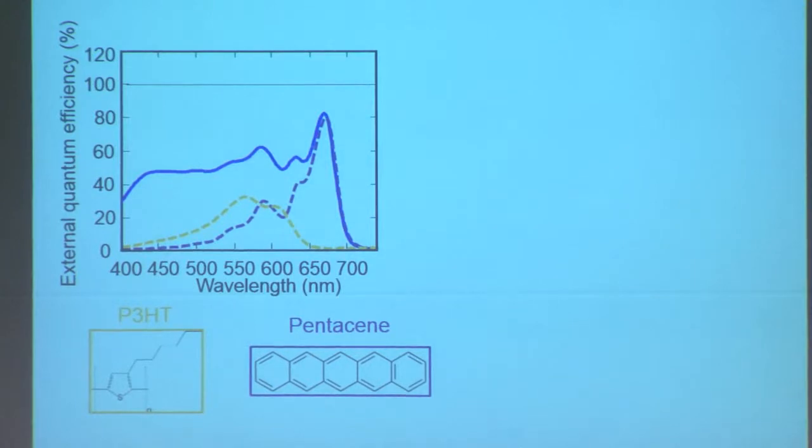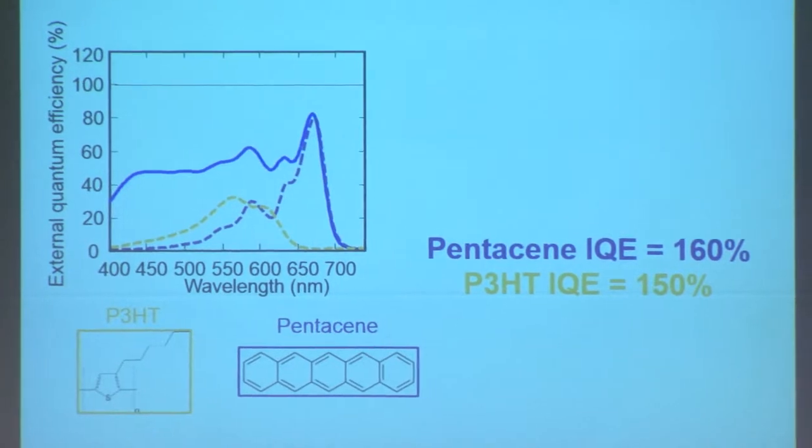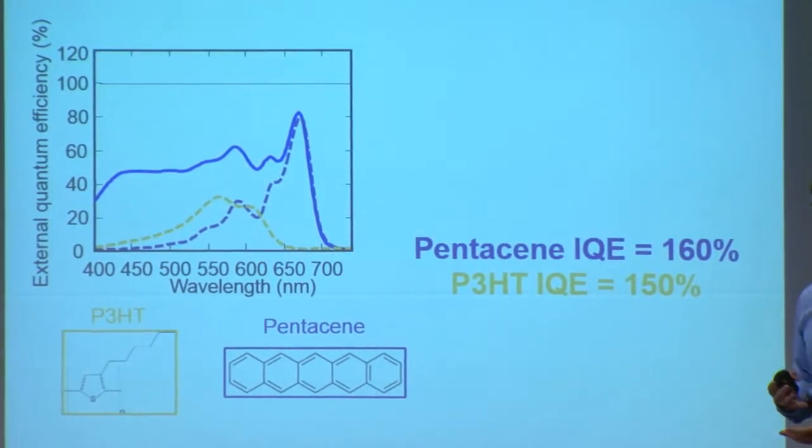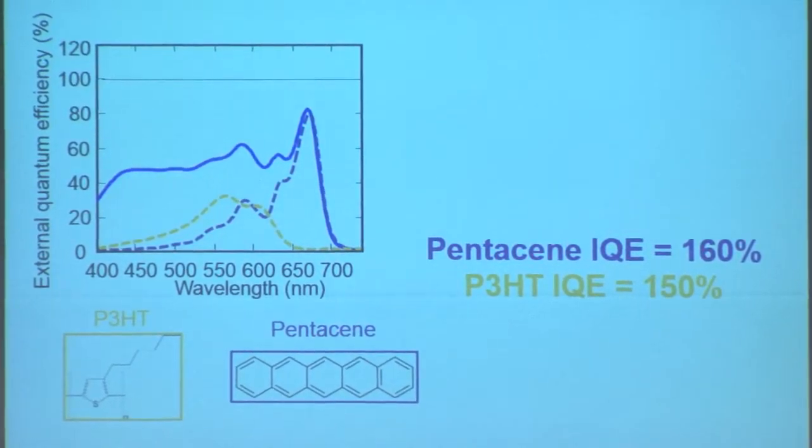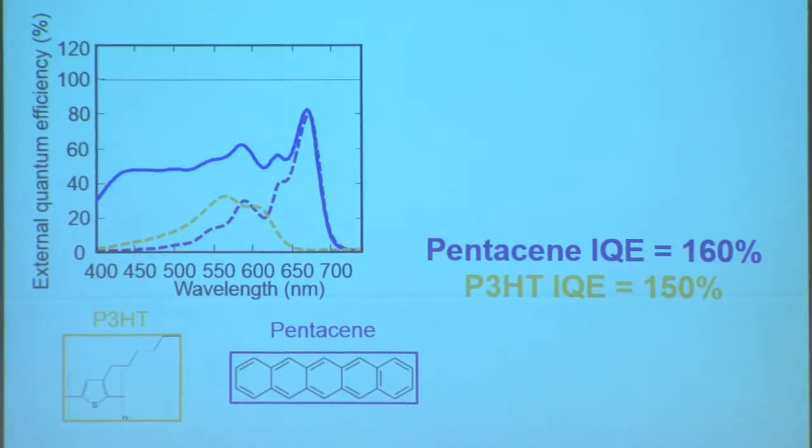But what this modeling taught us was that pentacene was only absorbing 49% of the light at this wavelength here, which means our internal quantum efficiency was 160%, meaning that for every 100 photons absorbed in the pentacene layer, we got 160 electrons out of our device.